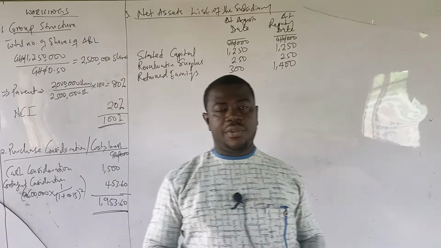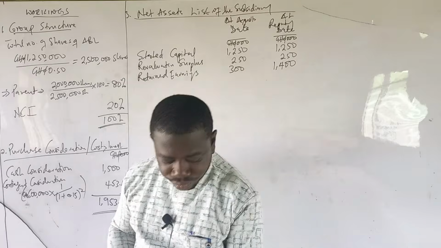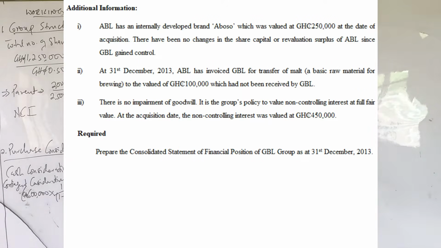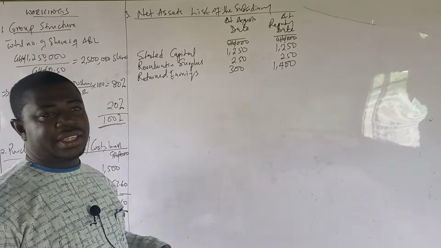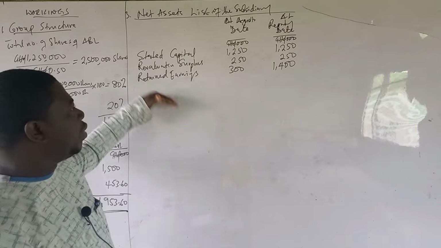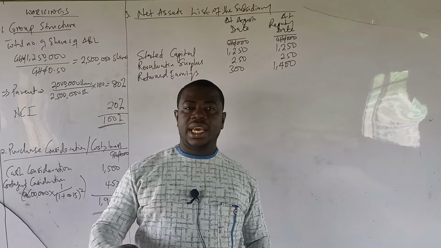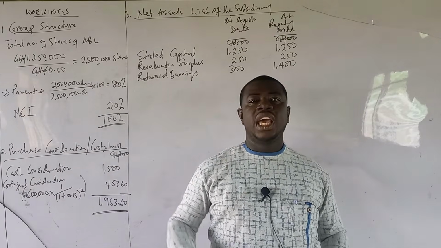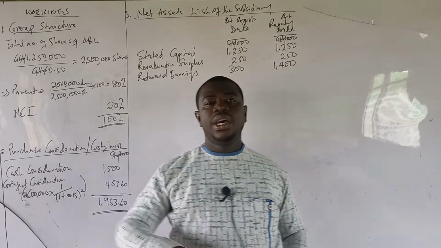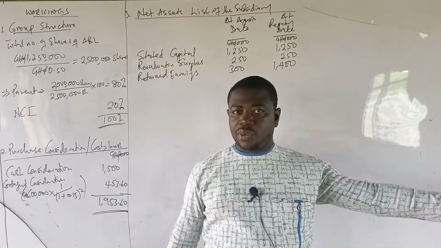But let us not forget that we have been told about a certain brand. We are told that ABL had an internally generated brand, Abos, which was valued at 2.5 at acquisition date. There have been no changes in the share capital or revaluation surplus. Now, listen very carefully. You can say, but what is the brand coming to do together with these items of equity? Remember that the brand name is an intangible non-current asset. And once we are introducing it into the asset, then it has to affect equity as well.